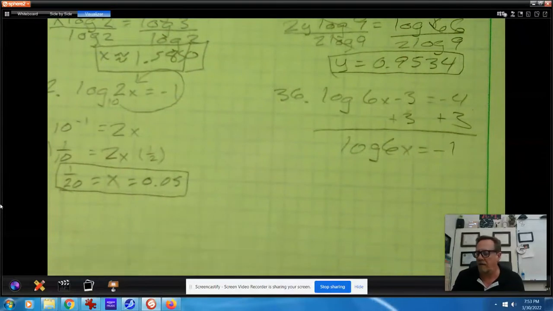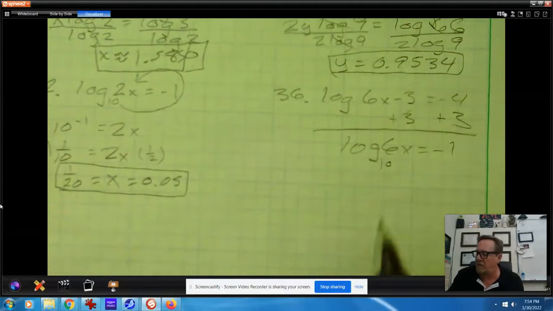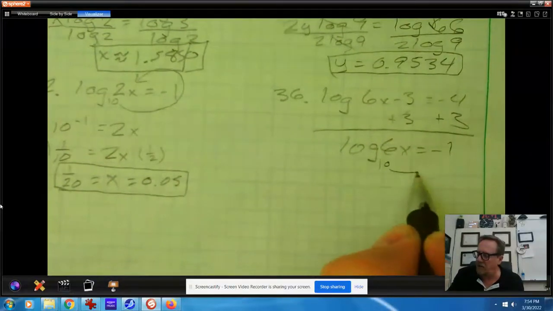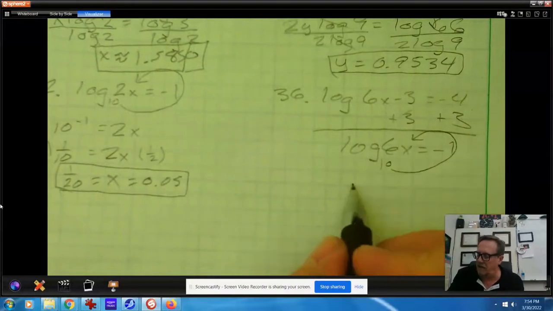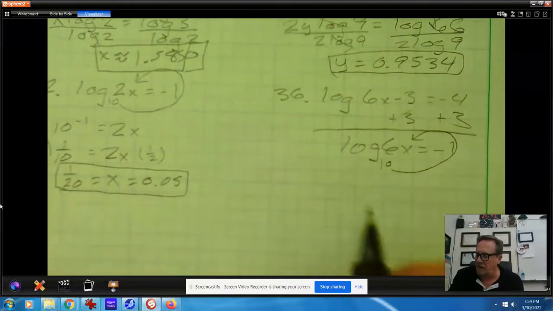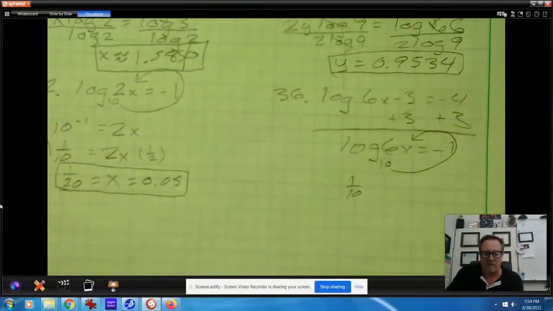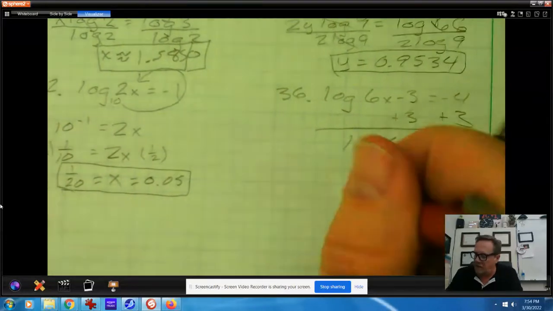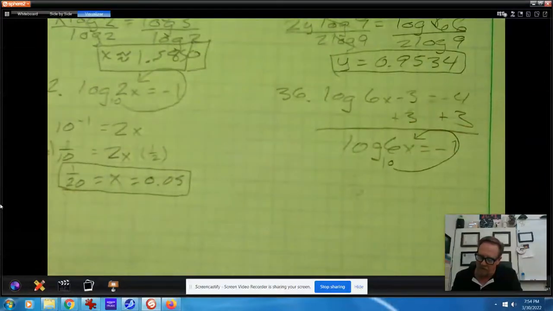What's the base here? The base, again, is 10 because they didn't say what it was. And we go fishing. 10 to the negative 1 is equal to 6x. So once again, we know 10 to the negative 1 is 1/10. Since your book is happy using decimals, maybe we'll write it as 0.1.